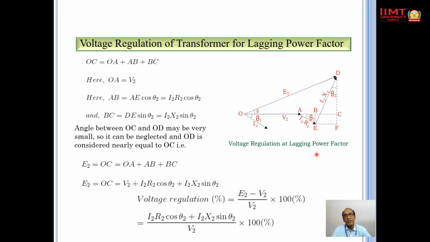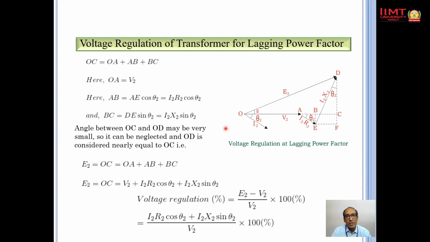So overall, the value of OC is equal to OA plus AB plus BC, that is V2, plus I2R2 cos phi 2, plus I2X2 sin phi 2. Once again, OA is V2, AB is the horizontal component of I2R2, that is I2R2 cos phi 2, and BC, equivalent to EF, is I2X2 sin phi 2.